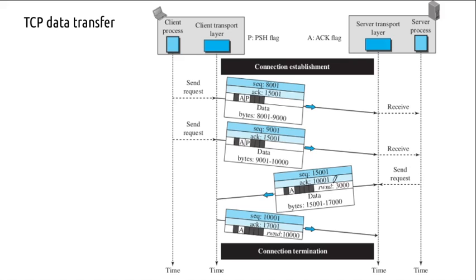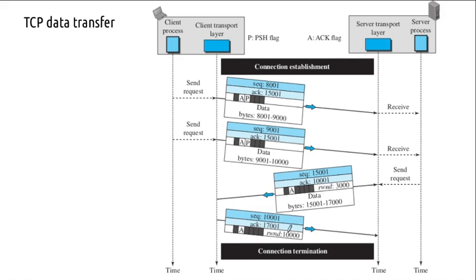The server side is acknowledging the bytes from 8001 to 10,000. So it says the next byte I expect is 10,001, and the sequence number 15,001, right? And it says my receive window is 3,000. This guy is very smart. It sends some data also.